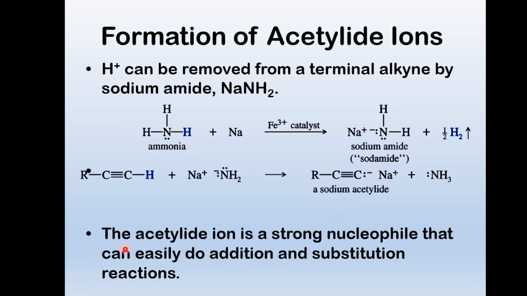And we use this reagent to form this reactive species. And it says here the acetylide ion is a strong nucleophile, also a very strong base, as we just saw, that can easily do addition and substitution reactions. Addition. Haven't seen one of these yet. Well, actually, excuse me. We've seen all kinds of addition reactions to alkenes, electrophile additions to alkenes.